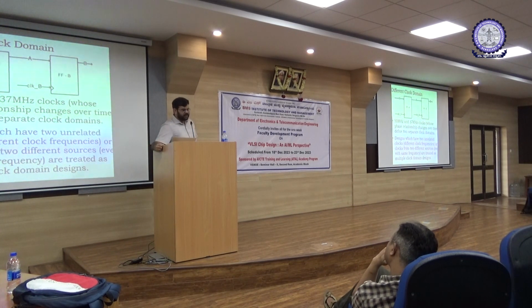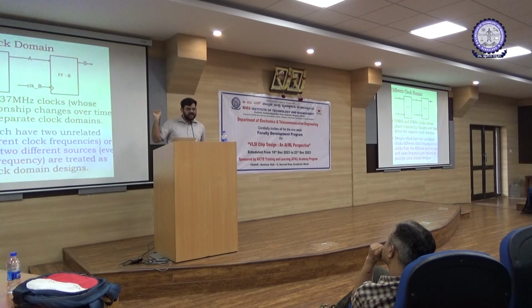Now let's say flip-flop A is getting clock A and flip-flop B is getting clock B, and at the positive edge FFA is launching some data. We never know in the real world when the positive edge of clock B will come. So the capturing of the data at the next flop is a mess here.